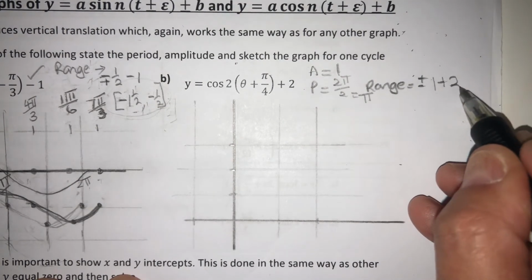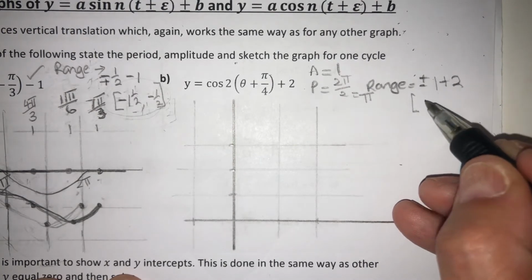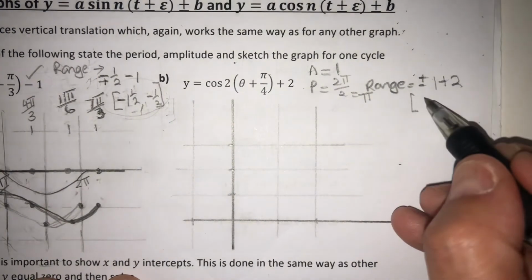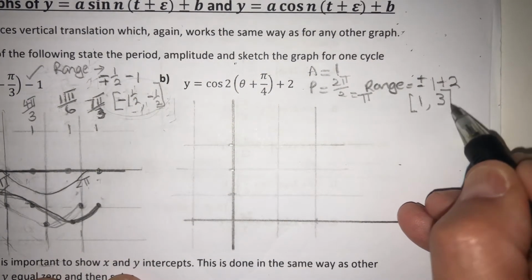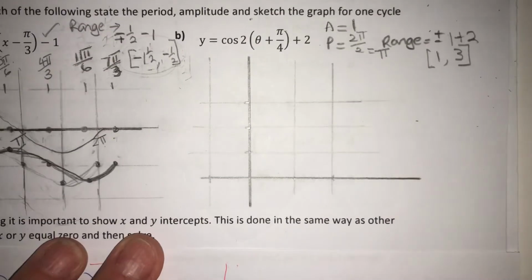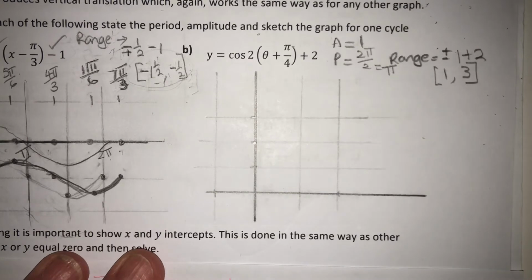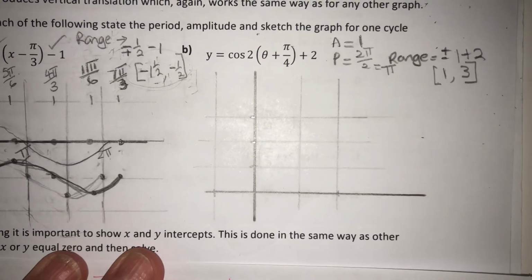So that means our range is going to be between -1 plus 2, which is positive 1, and +1 plus 2, which is 3. So we are going to be ending up between 1 and 3. That's why I've drawn the way I have. Okay, so if you can see here, our period is pi.